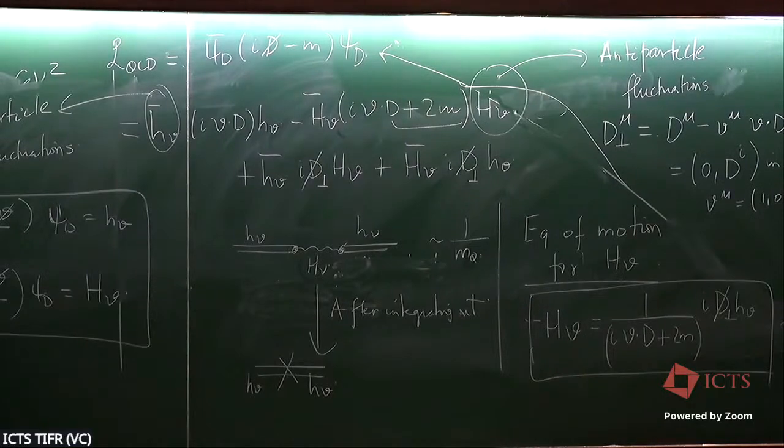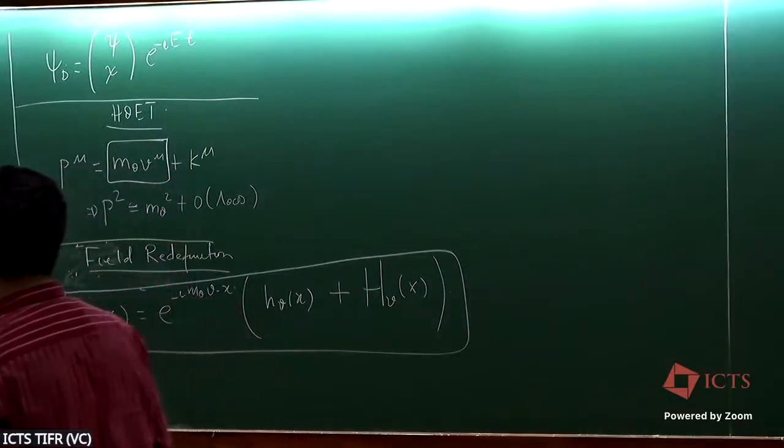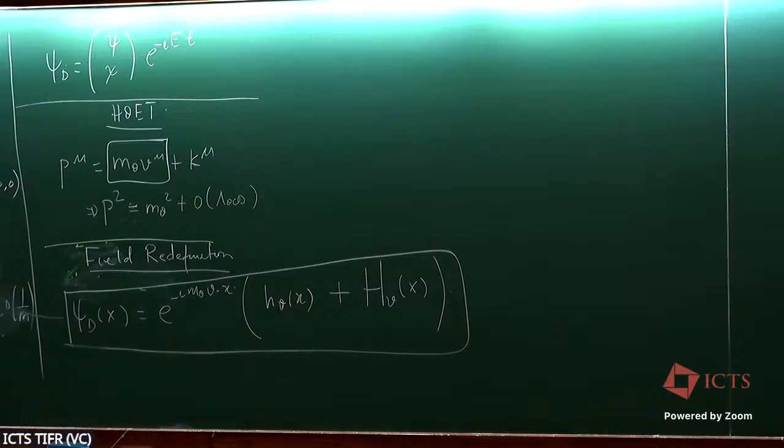So now, once we have this equation of motion, we just substitute back into our Lagrangian and replace wherever we have this field with this equation of motion.